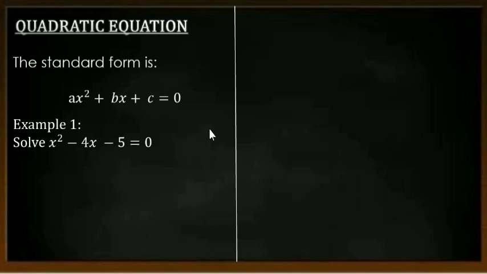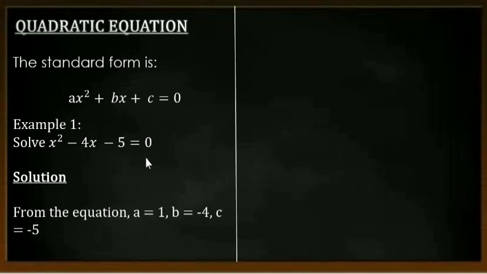Let's take, for example, that we are to solve the quadratic equation x squared minus 4x minus 5 equals 0. The first thing you have to do is to compare this equation with the standard form.